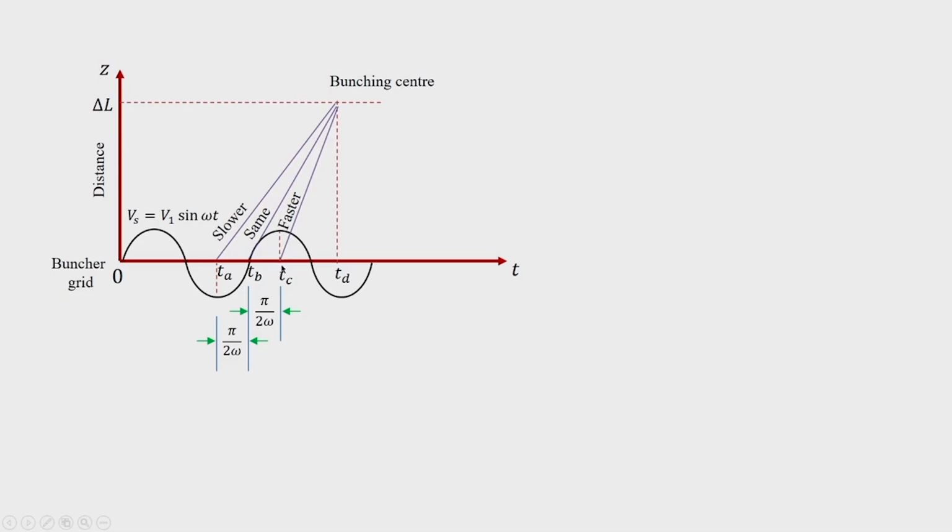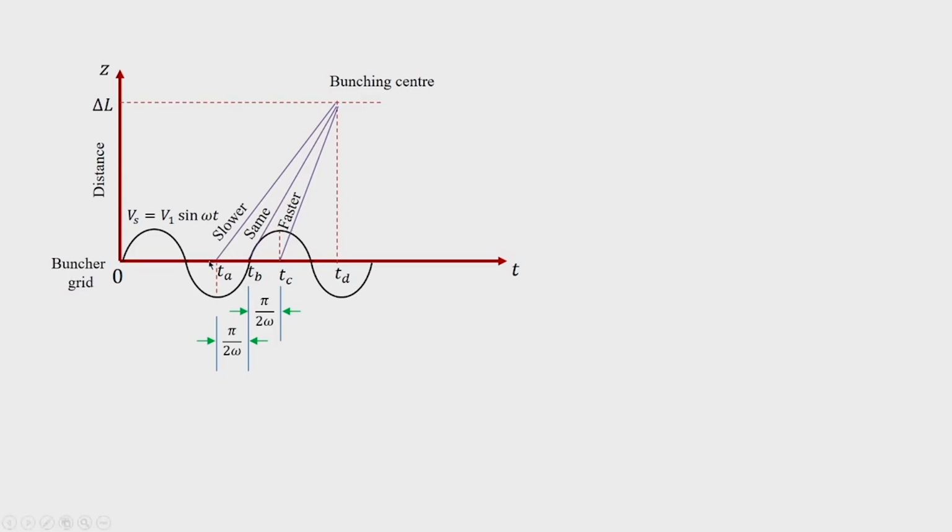Here at T c, the electron experiences an accelerating field and this electron moves faster.